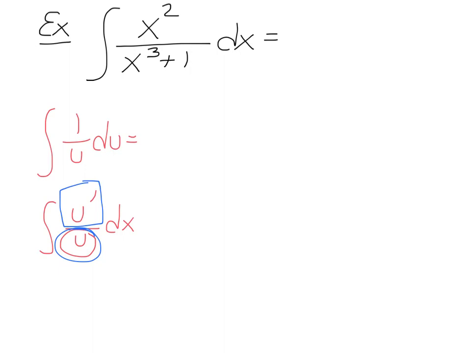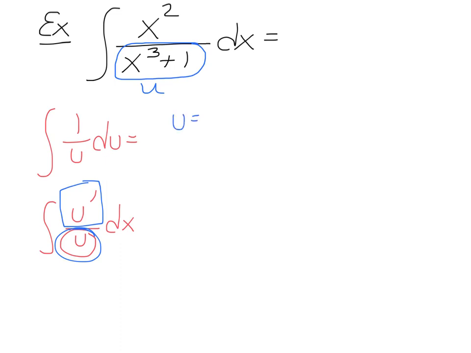So in this case here, that's what I see. I see that in my denominator, if this is my u, well, what's the derivative of x cubed plus 1? It's a 3x squared. And so although I don't have the 3 in front, I at least get a 3x squared. I get the x squared.